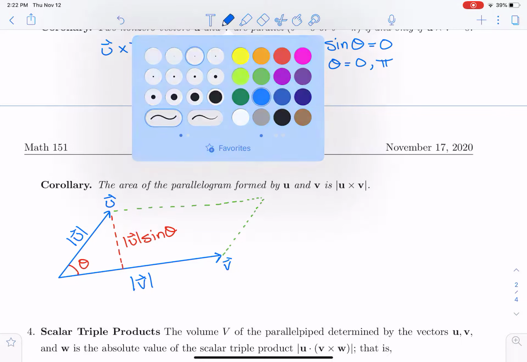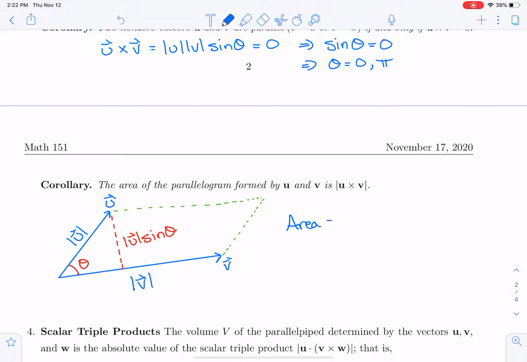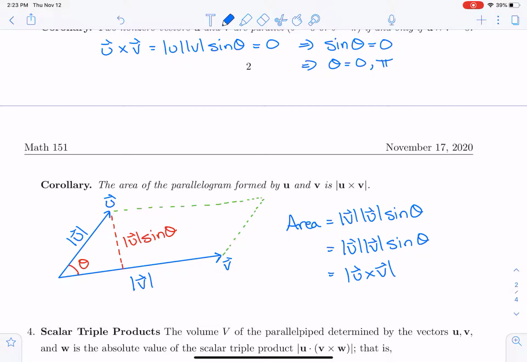So the area is equal to the base times the height: the base is the magnitude of v, and the height is the magnitude of u times sine theta. This can be rewritten as the magnitude of u, magnitude of v, sine theta, and by that theorem, that's actually the magnitude of u cross v. So there we have it. The area of the parallelogram formed by u and v is the magnitude of the cross product.